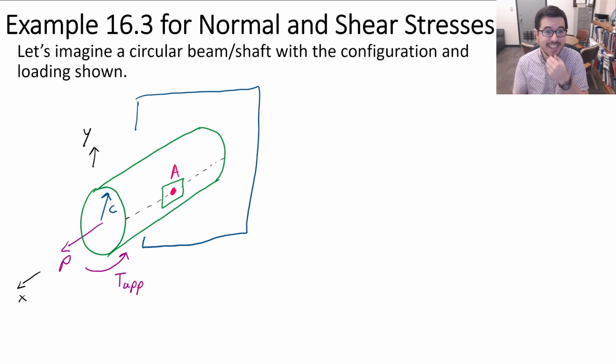Before we do anything else, we expect that this applied torque is going to introduce a twisting on the cylindrical shaft, right? And that is going to cause some shear stress, and it's going to be Tc over J, and it's going to be maximum at the outer surface.